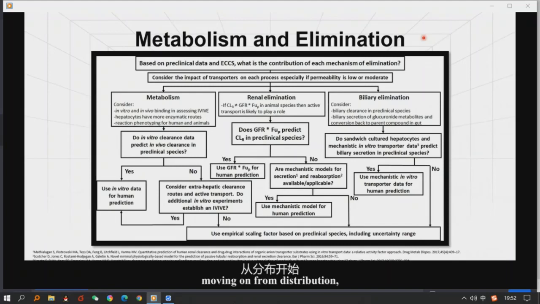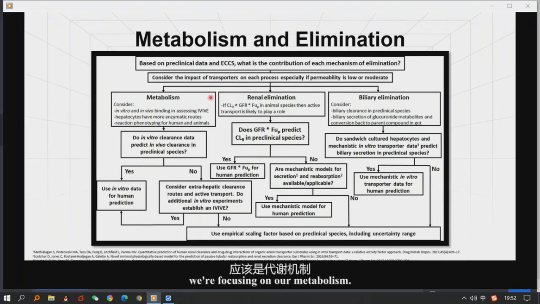Moving on from distribution, we then focus on metabolism and elimination. So based on the preclinical data and the extended clearance classification system, you need to identify what is the contribution of each mechanism of elimination for your compound. And again, consider the impact of transporters if your compound is predicted or indeed is measured to have low permeability.